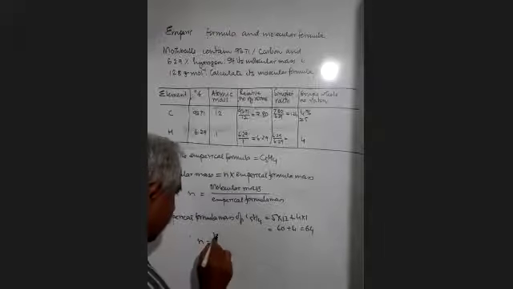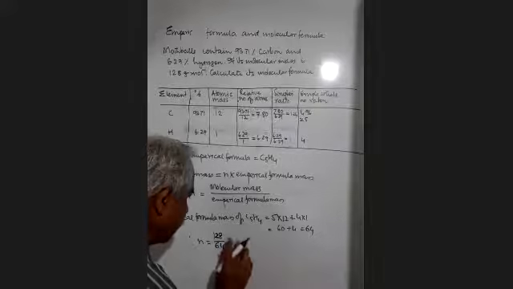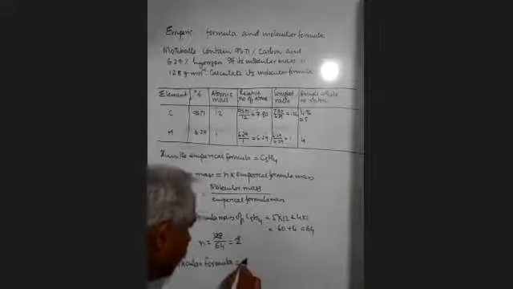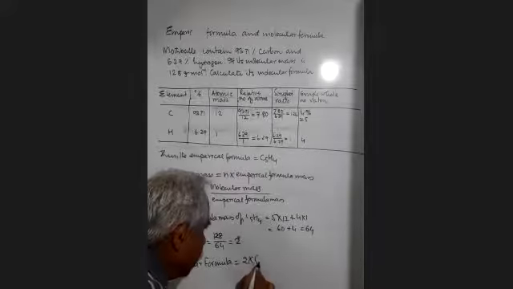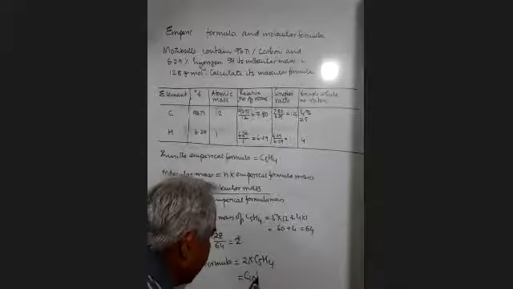Molecular mass is already given, 128. 128 by 64 is equal to 2. So what is the molecular formula now? I multiply this by this, so it will be 2 into C5H4. It is C10H8.